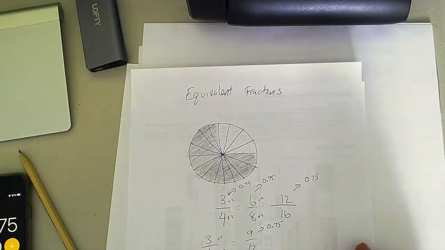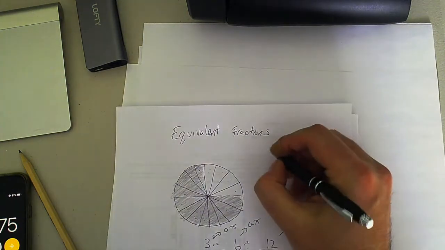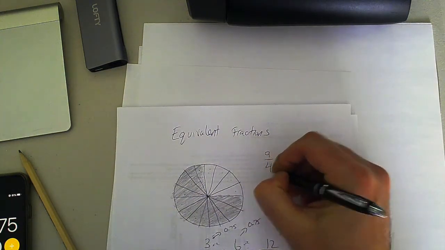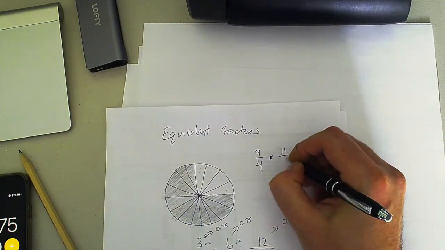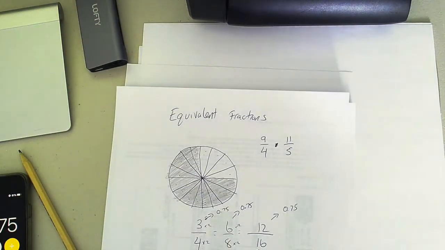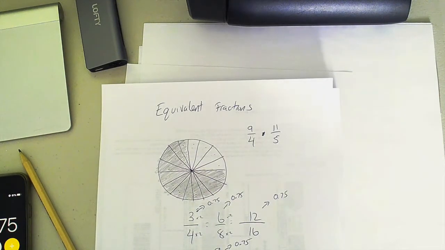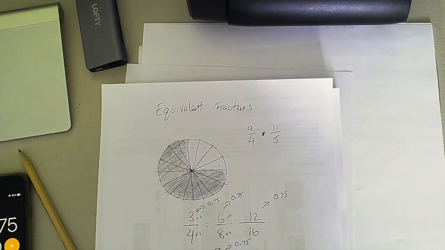The next thing I want to look at is, what do you do when you have fractions that look like this? 9 over 4 and 11 over 5. So we need to find out if these fractions are equivalent. The denominators are different. We have a problem. So we need to find a way to make these denominators the same.